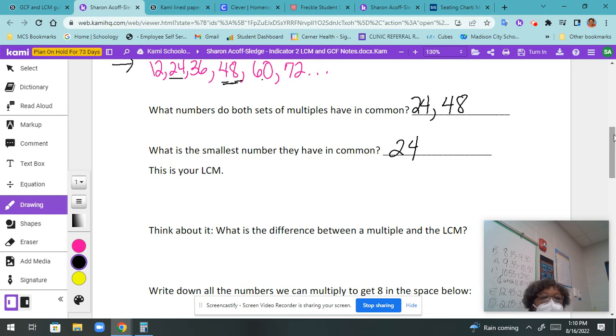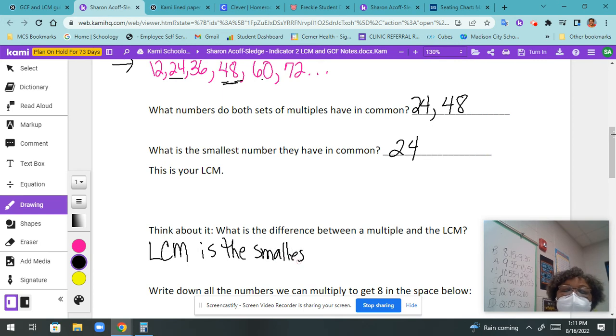So what's the difference between the least common multiple and just the plain old multiple? Thank you. The least common multiple is the smallest multiple they have in common. Very good. And that's what I was looking for. It's the smallest multiple they have in common.